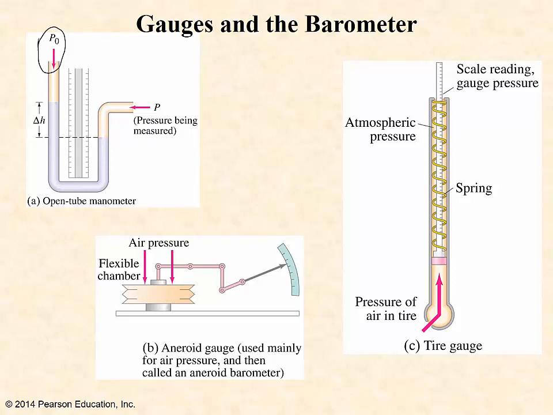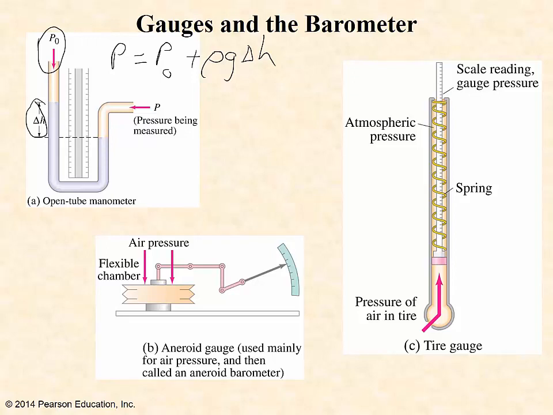So in other words, for this one, the pressure will continue to rise until it is equal to P naught plus rho G delta H, where P naught is atmospheric pressure acting at the top of the tube. Okay, so we can measure pressure once we know how much the mercury inside or the liquid inside increases its height.